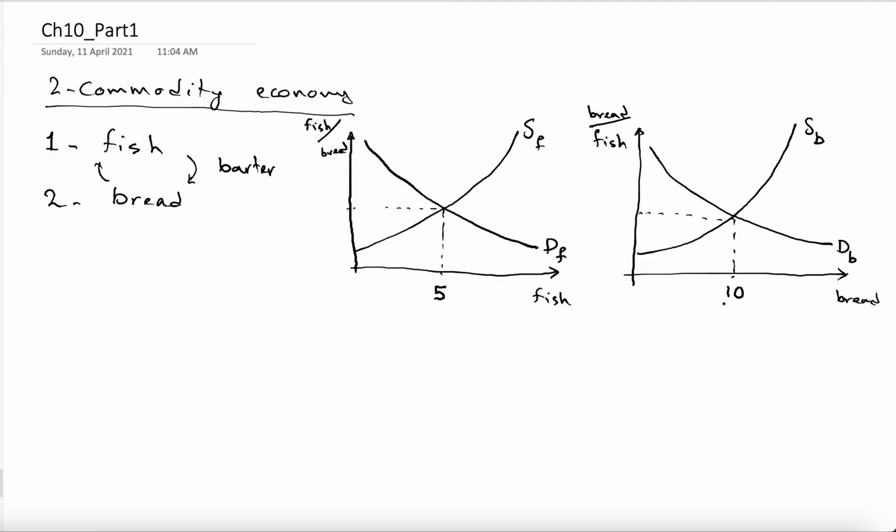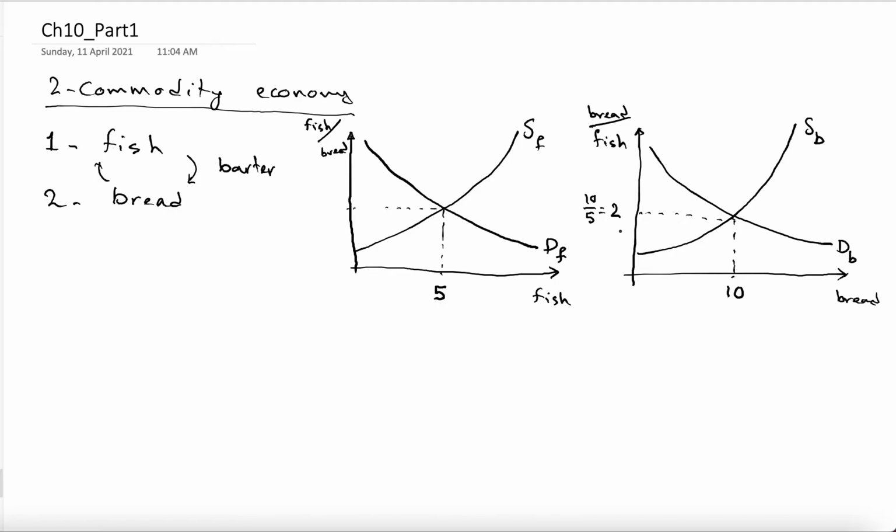Because 10 bread is being given and 5 fish is being taken, the price of bread per fish is 10 over 5, so it is 2 bread per fish.